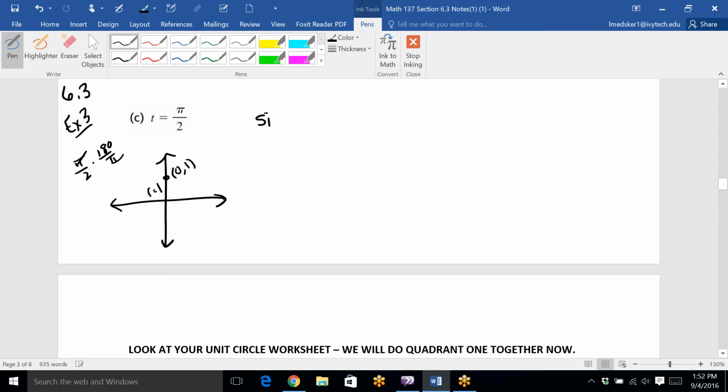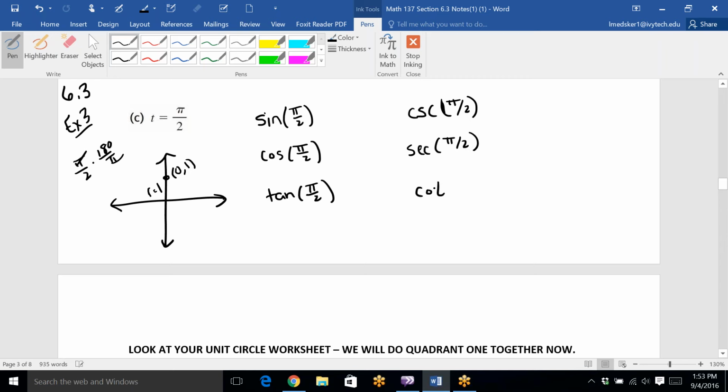So now we should have all of our trig functions. So sine of pi over 2, cosine of pi over 2, and tangent of pi over 2. And we should also have cosecant of pi over 2, secant, and cotangent.